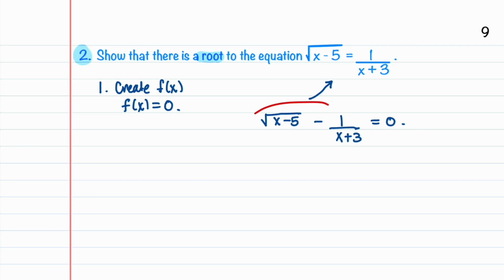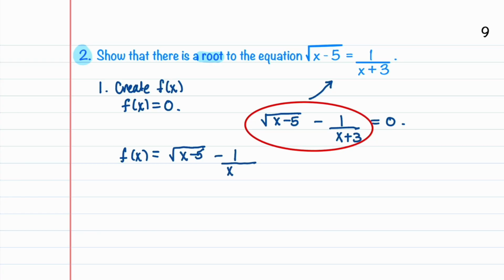And this is our f(x). Let's go ahead and write that down. f(x) is equal to the square root of x minus 5 minus 1, all divided by x plus 3.